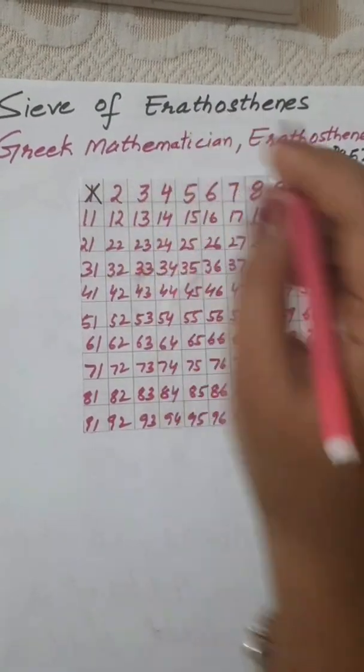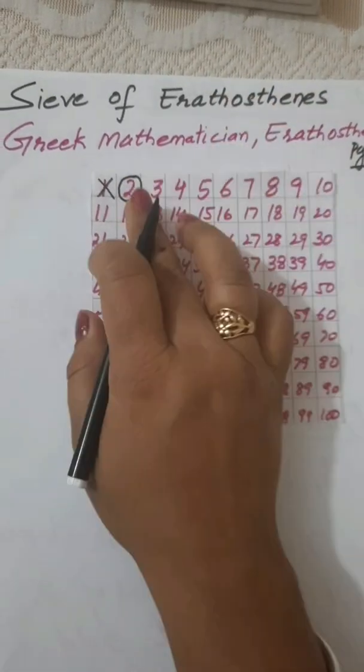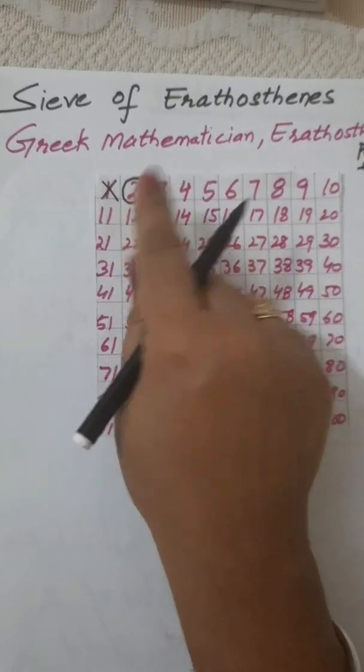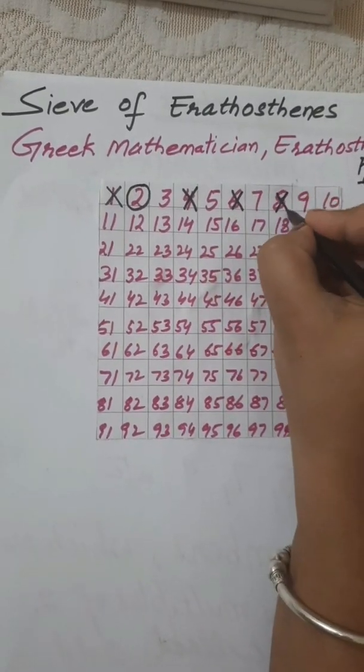Second step is to encircle 2 and cross all the multiples of 2. Clear? Encircle 2, then cross all the multiples of 2.